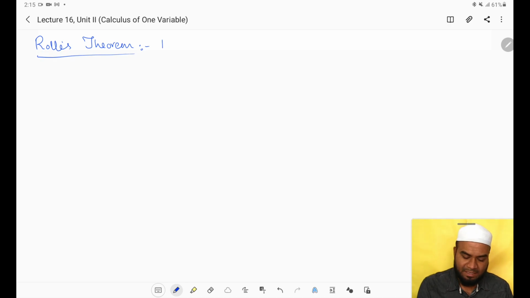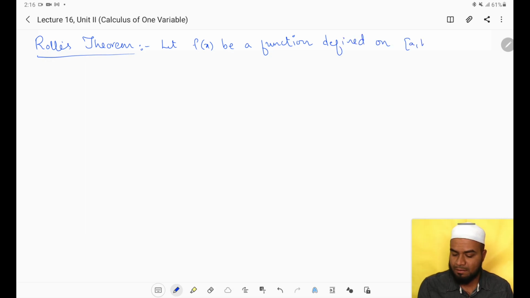The statement says that let f of x be a function defined on the closed interval a comma b such that the first point is f of x is continuous on the closed interval a comma b.